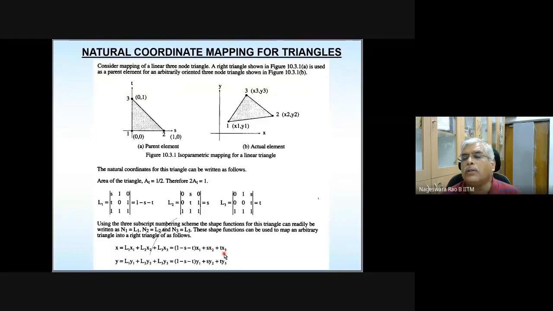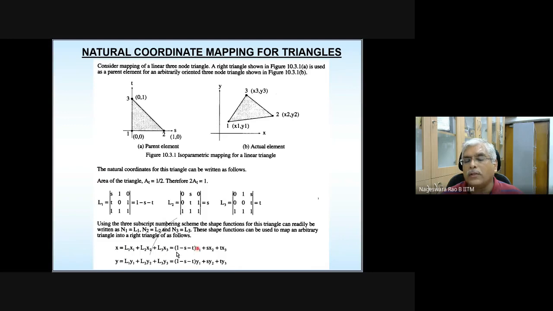And also, the angle between the edges should not be too acute or too obtuse. Okay? So those concepts are still applicable here. If any of these are violated, then it's going to show up in your Jacobian and also when you plot xy as a function of S and T, similar to what you did for quadrilateral elements.